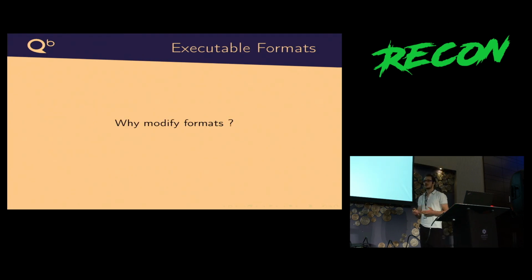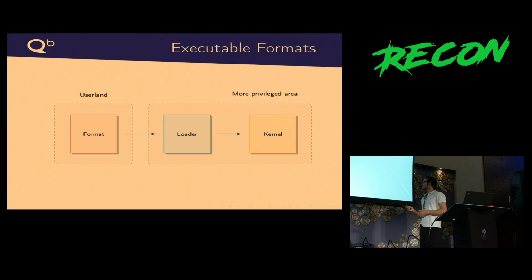So why can it be interesting to modify formats? If we look at this diagram, here we have the program that belongs to the user land. We also have two components, the loader and the kernel, and these two components belong to a more privileged area.